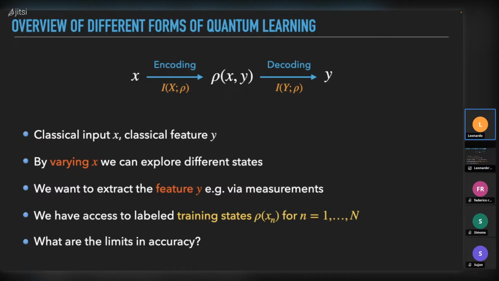So for each X, you want to extract Y. And we do that again in a supervised learning approach. So we have access to labeled training states. So we have some rho of X for some X that we can control. And the number of training states, so the number of these X that we have, is N. And what are the limits in the accuracy?